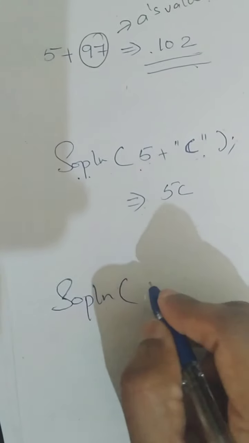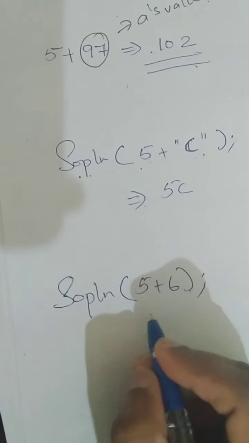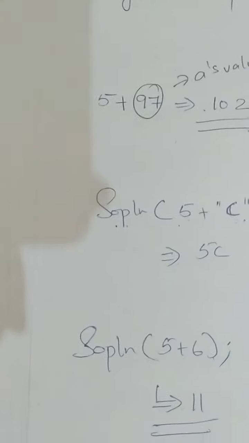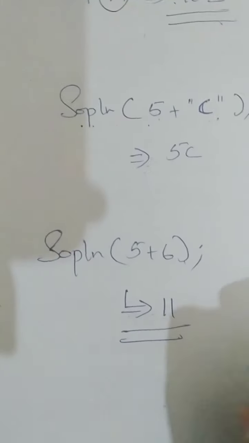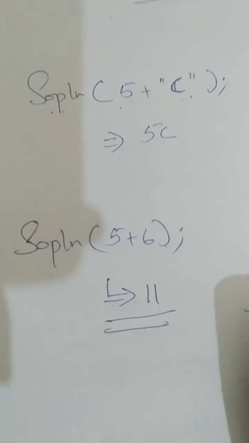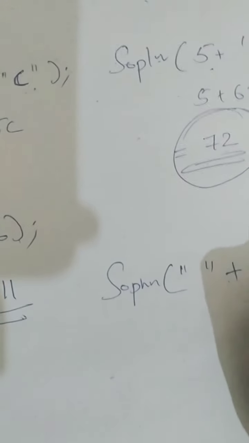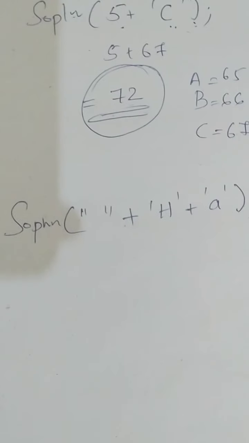Next, SOPLN 5 plus 6. Both are integers, so it will add the numbers and give the output 11. Now what is the output of this?